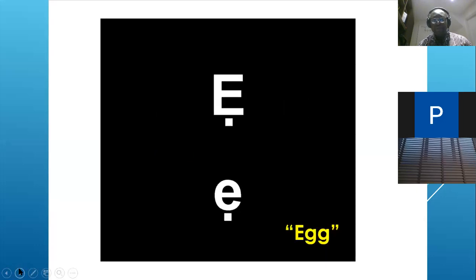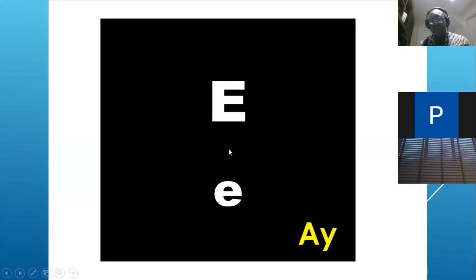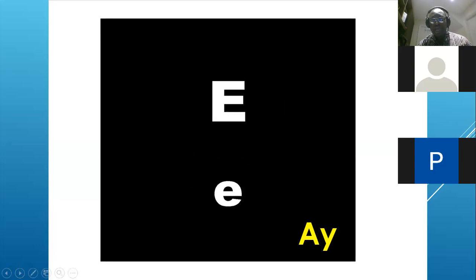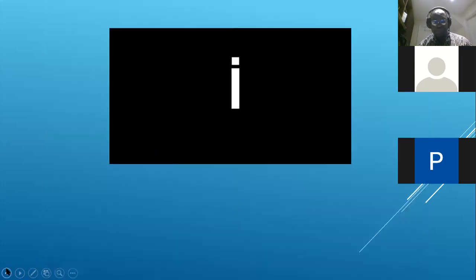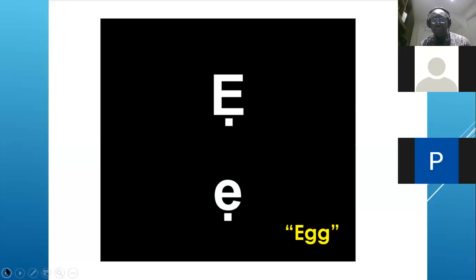And then we talked about the vowels. After R you have A, and the E sounds like AY. So R, A, and then E as in egg. In the WhatsApp group, somebody was a bit concerned that in the app, two of the vowels sounded the same.